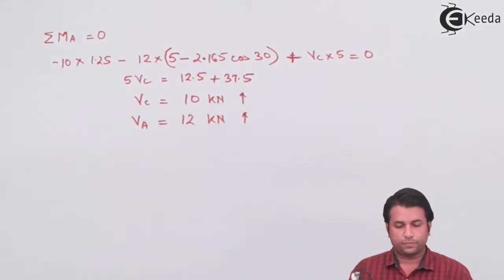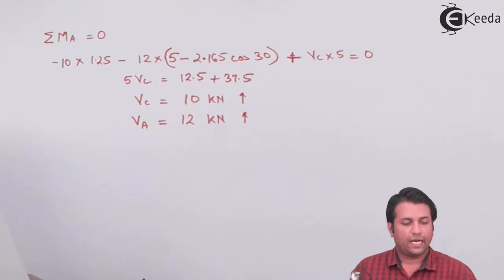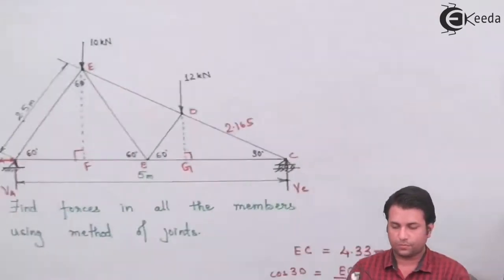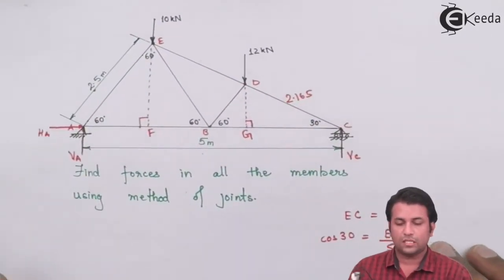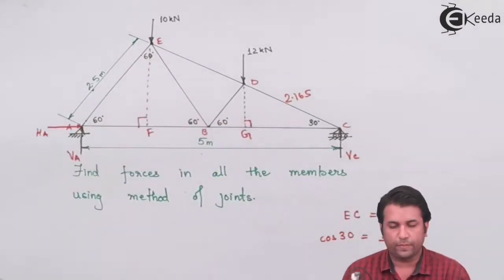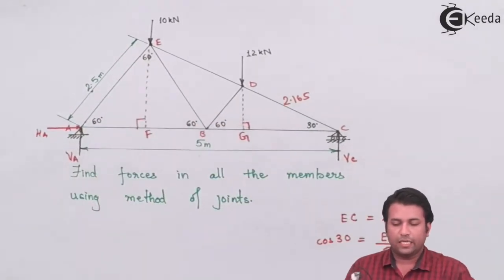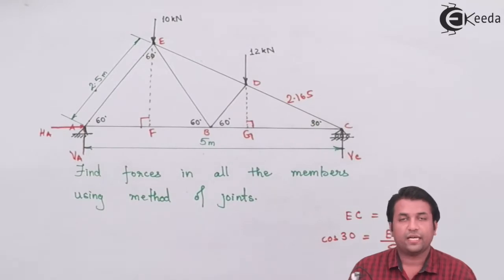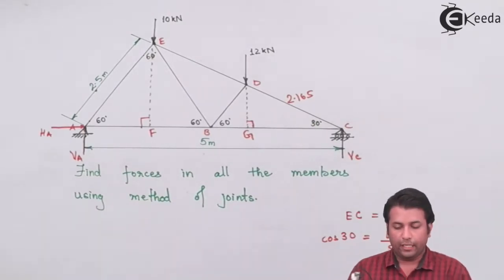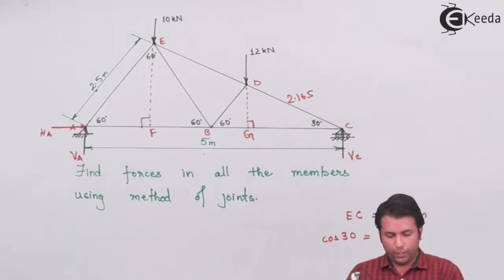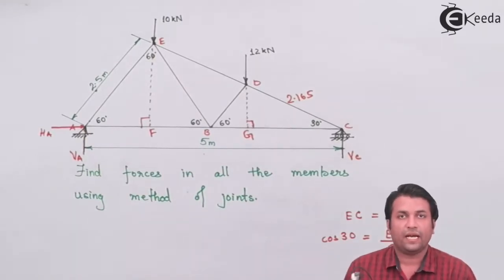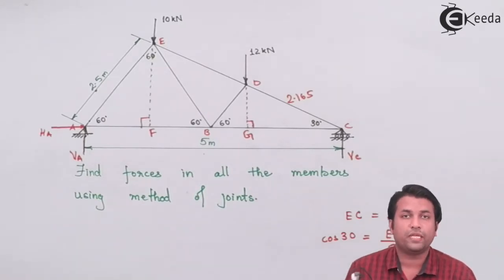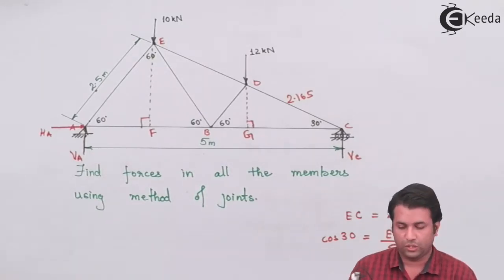Okay. Now, once I'm done with this, I need to find out the forces in the members that are given to me over here. What I can do is take any joint and find out the forces in the members at that joint. To do that, as I have told you all, you first have to identify a joint wherein you have not more than two unknown members.